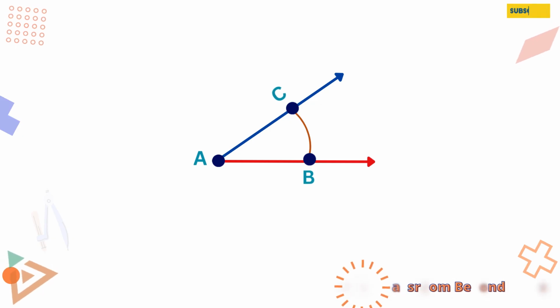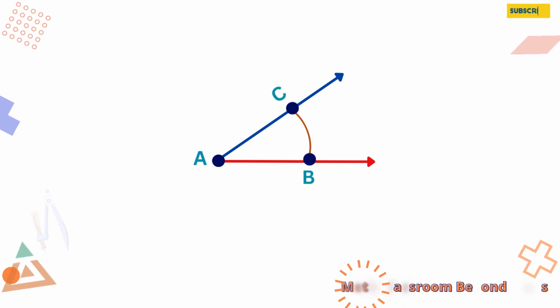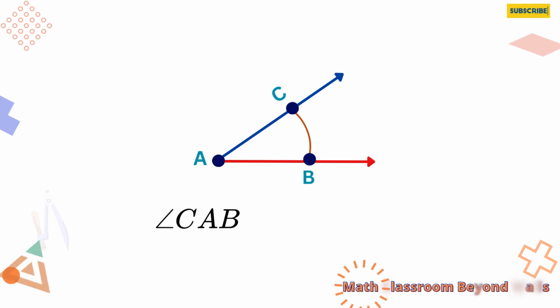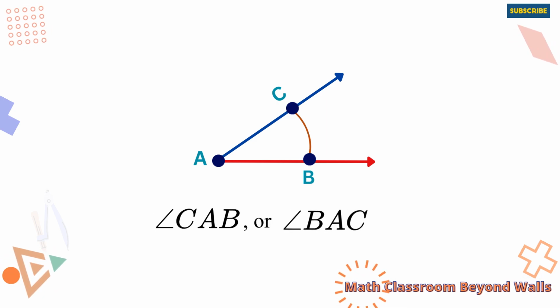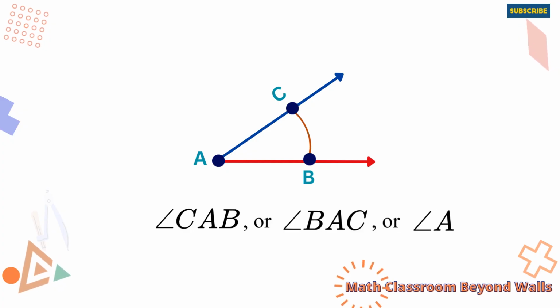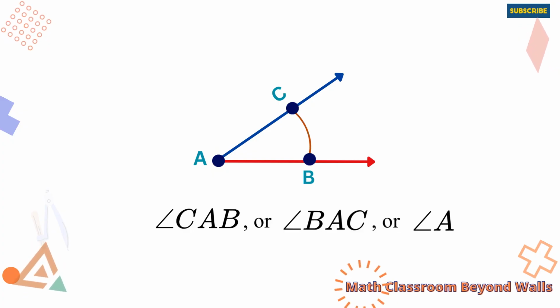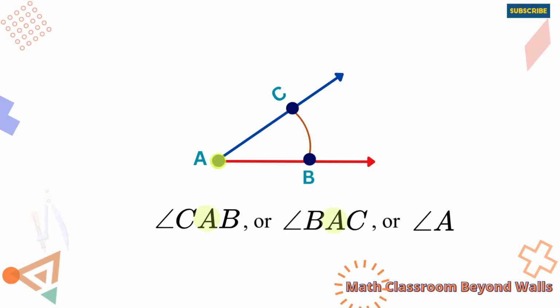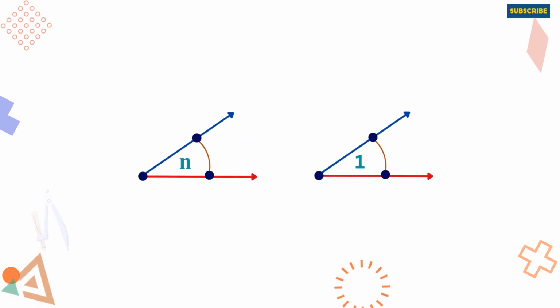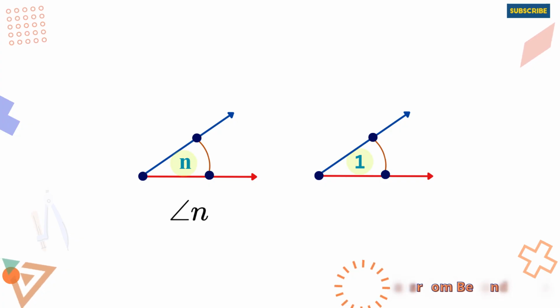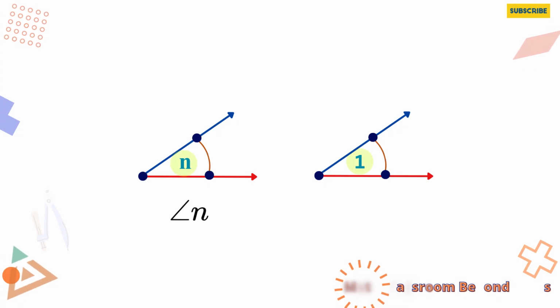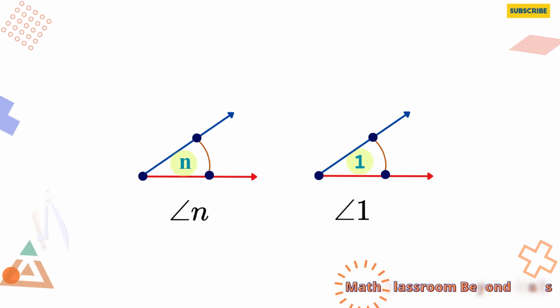With 3 points identified, we can now name the angle as angle CAB, or angle BAC, or angle A. Note that when 3 letters are used, the vertex point must be in the middle. When angles are labeled this way, they are named as angle N and angle 1 respectively.